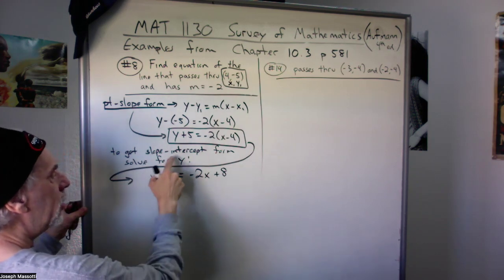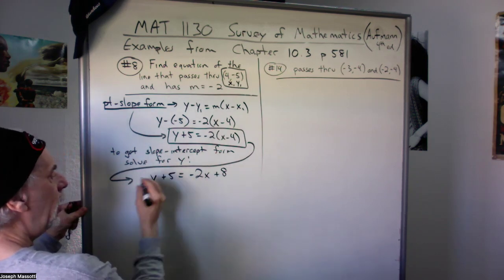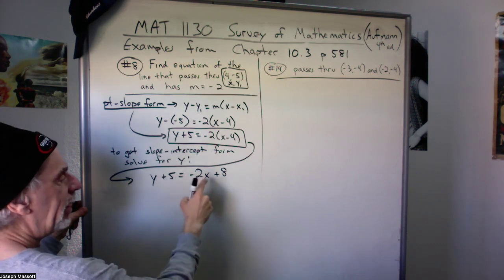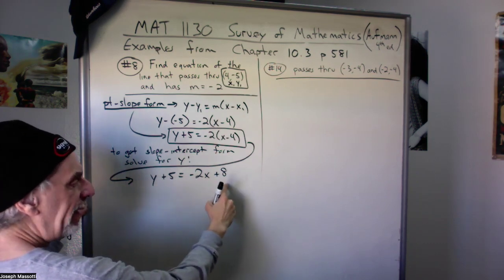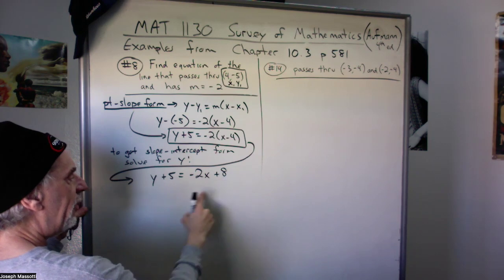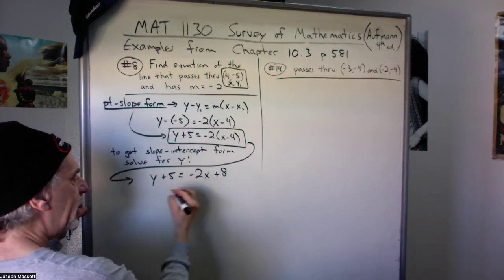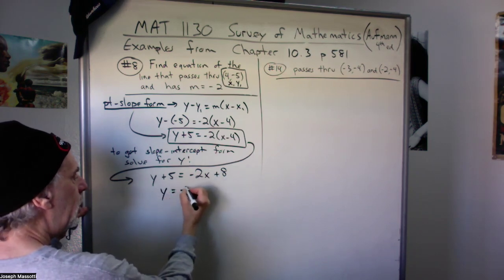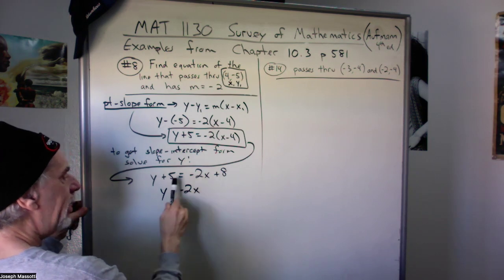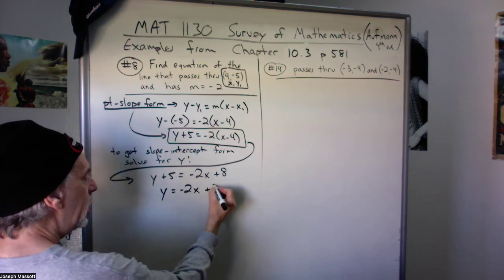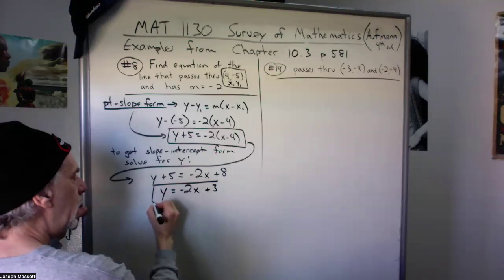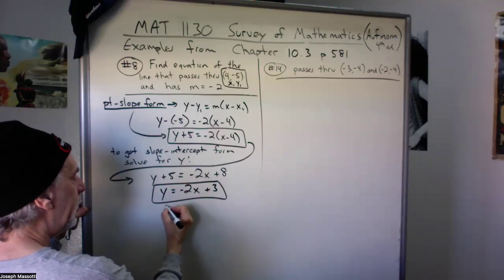Okay? Well, slope intercept form we know is y on one side and mx plus b on the other side. So we're going to subtract 5 from both sides, and then we'll have our slope intercept form. 8 minus 5 is 3, and that's our slope intercept form.